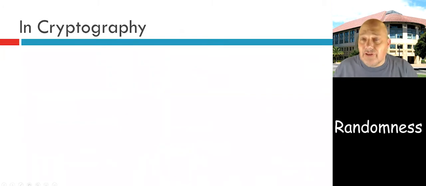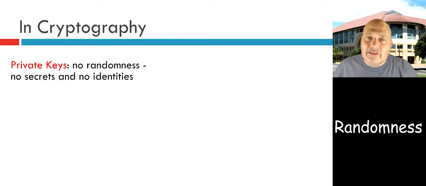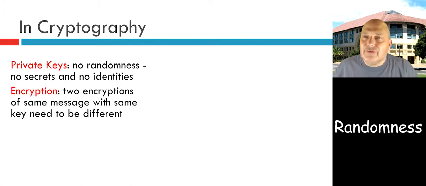In cryptography, randomness plays a crucial role at all levels. First, for defining this notion of keys, private keys: if there is no randomness, then there are no secrets and no identities. If there is no randomness, then every entity can simulate every other entity. They are deterministic.